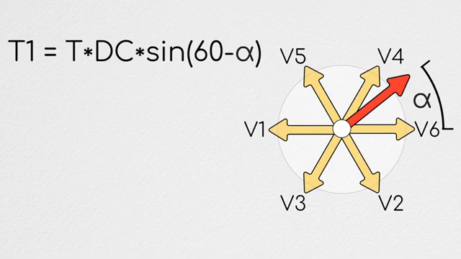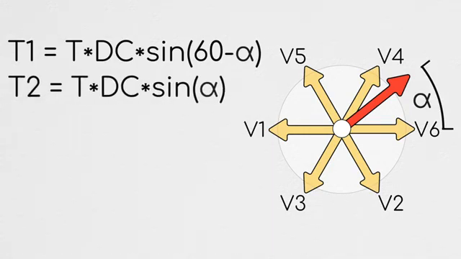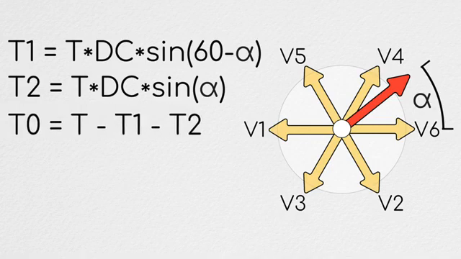Mathematically, this can be easily calculated by finding the remainder of your desired vector angle divided by 60. T2 will then be equal to your PWM period, again in seconds, times your duty cycle, times the sine of alpha. And finally, T0, which is the time you'll spend in your null vector, is equal to your total period T in seconds, minus T1 and T2.